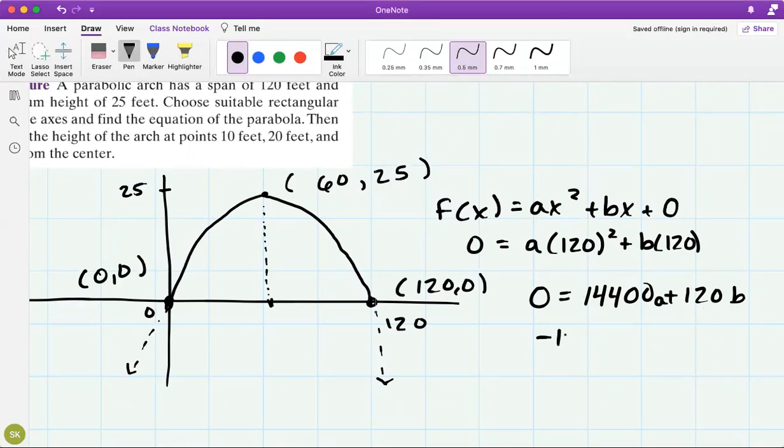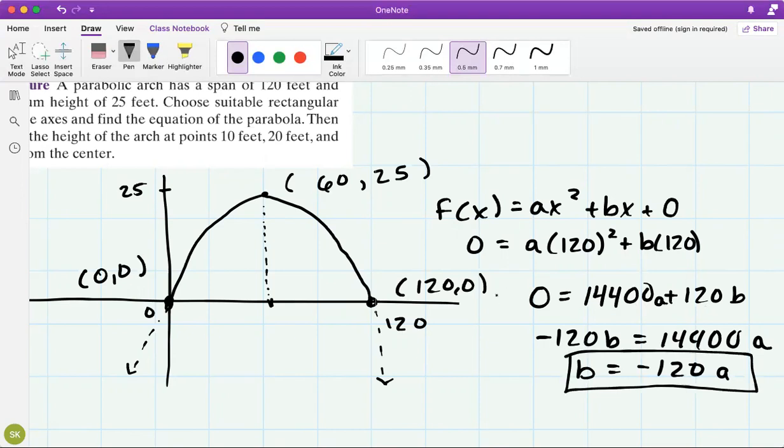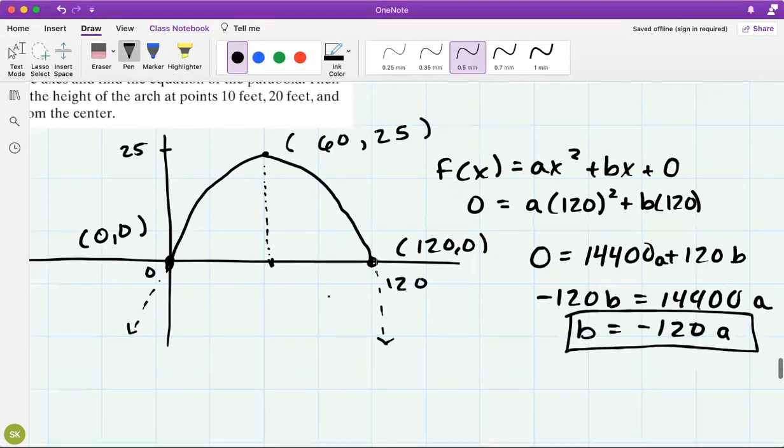So here's one relationship. I can also solve for b from this one. Let's move the 120b to the other side, and divide 14400 by 120, which gives 120. So b is equal to negative 120a. That's one important equation I want to use. Now let's use the other point. When I plug in 60 for x, I should get 25. The function is ax squared plus bx, because c was 0.